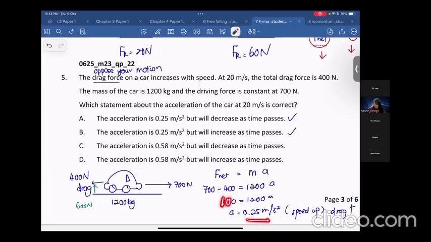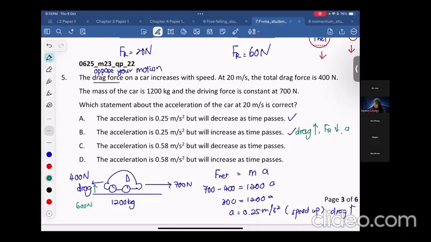If here only 100 divided by 1,200, do you think that your a increases or decreases? When your resultant force decreases, here, drag force will increase. So your resultant force will decrease. F equals ma, force decreases, resultant force decreases. So your acceleration will decrease. So answer should be A.